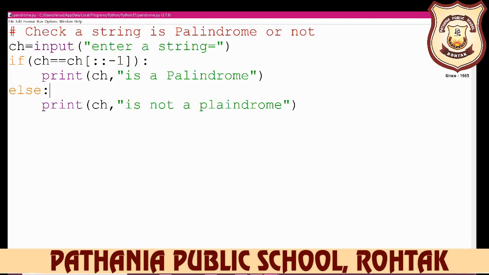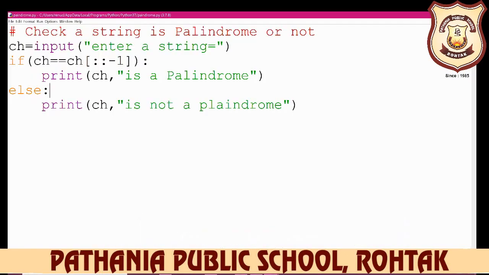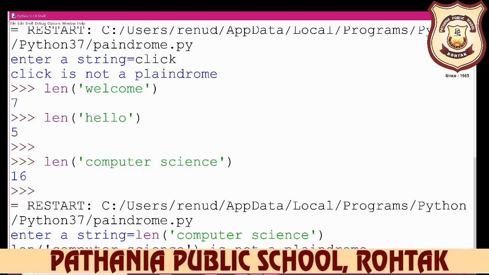So this is the example of your palindrome. And you can see the output of this palindrome here. You can run this program, and here we write MADAM, so it gives the answer: it is a palindrome.